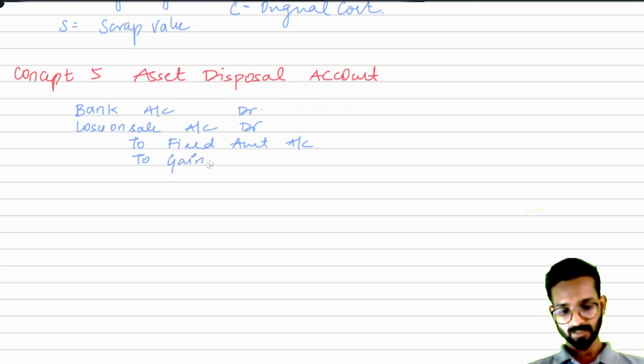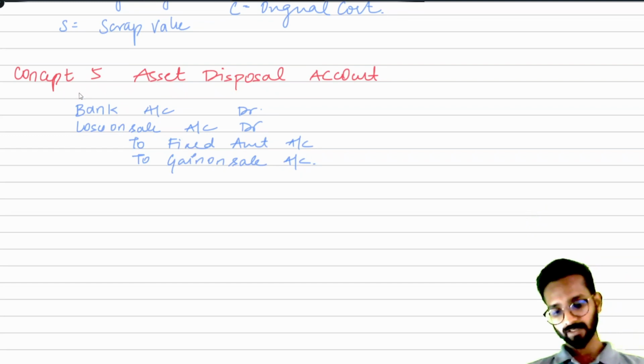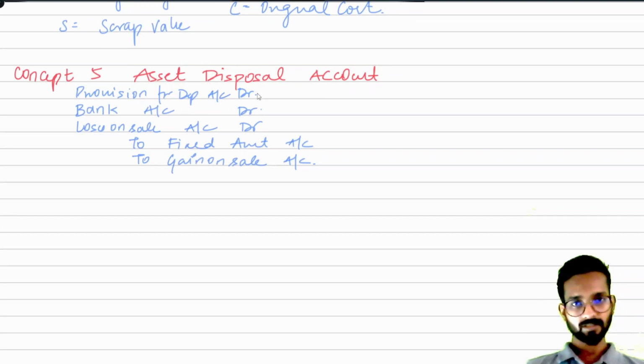If there is a gain on sale, then you can say gain on sale account. Simple, very easy. Now remember, if there is provision for depreciation also, so what will you write? Provision for depreciation account debit. Easy enough.